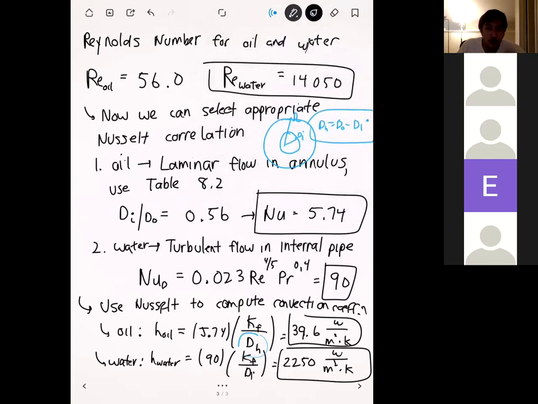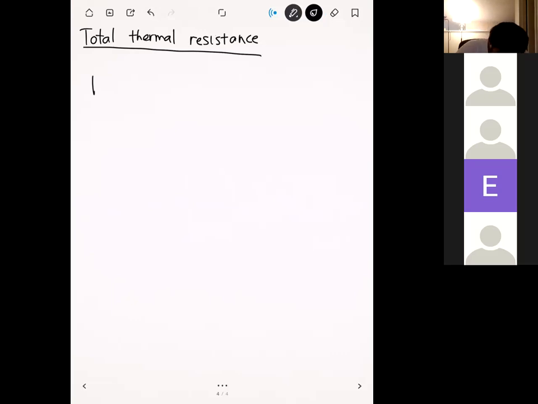All right, any other questions on this page? Okay. Now we can compute the total resistance, or at least get an expression for it. We won't be able to solve for all of it because we don't have the length, but at the very least we can get an expression.